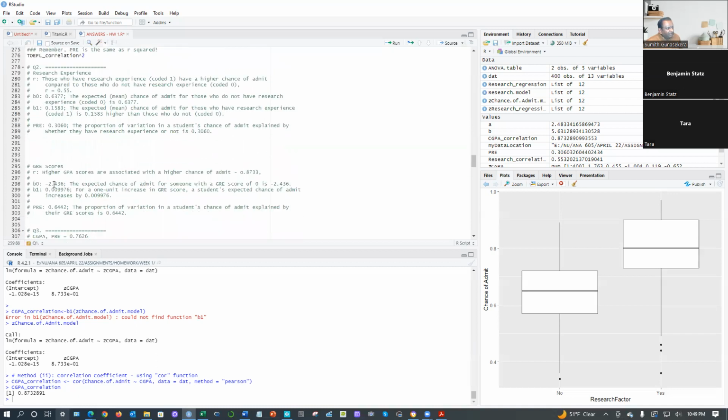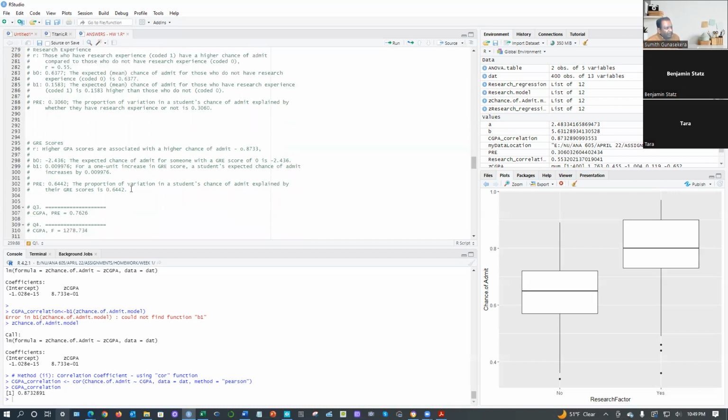Second, for a 1 unit increase in GRE, the student's expected chance increases by how much? This one. The proportion of variation in student chance of admit explained by their GRE score.